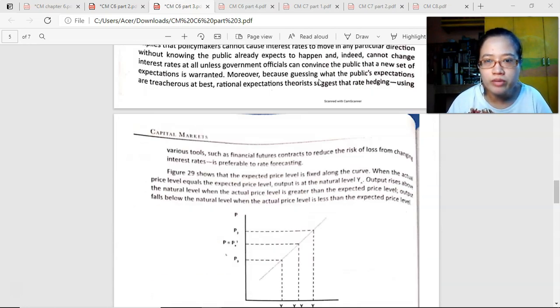Where are we? Moreover, because guessing what the public's expectations are is treacherous at best, rational expectations theory suggests that rate hedging, using various tools such as financial futures contracts to reduce the risk of loss from changing interest rates, is preferable to rate forecasting.